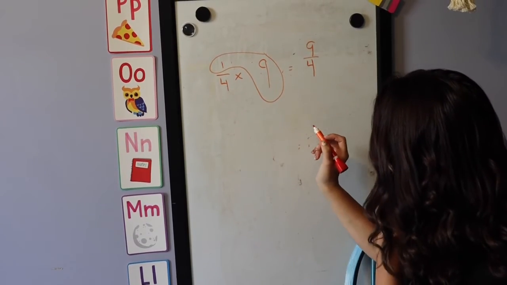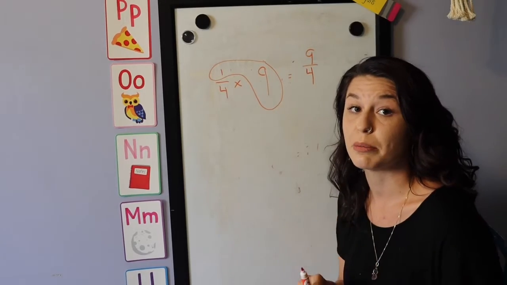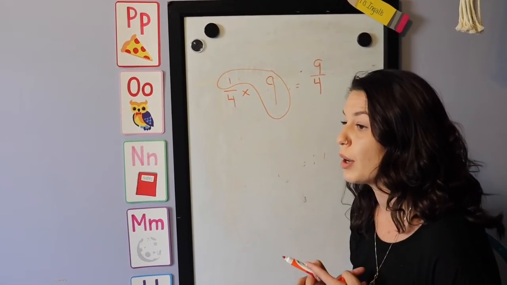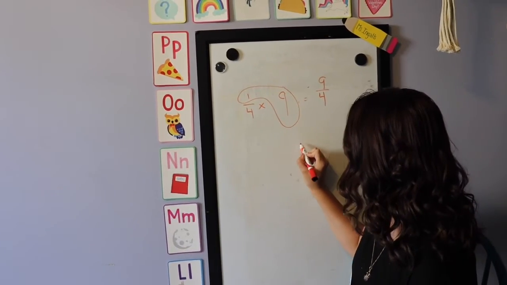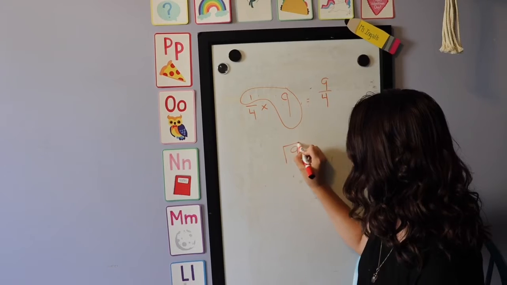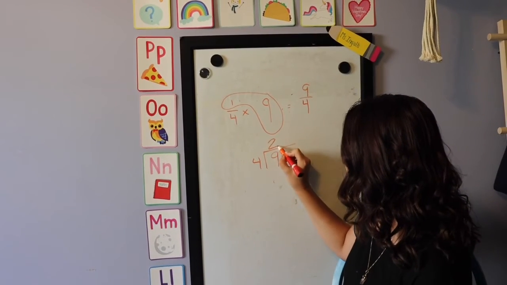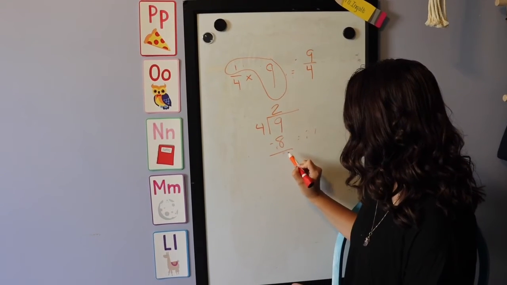So, remember you can do any of the 3 strategies when we have a bobblehead trying to get to a mixed number. You can do division, you can do a number bond, or you can do a model. I think division is the easiest, so that's what I'm going to do. Put the 9 on the inside, 4 on the outside. 4 goes into 9 2 times. We get 8. So 9 minus 8 is 1.